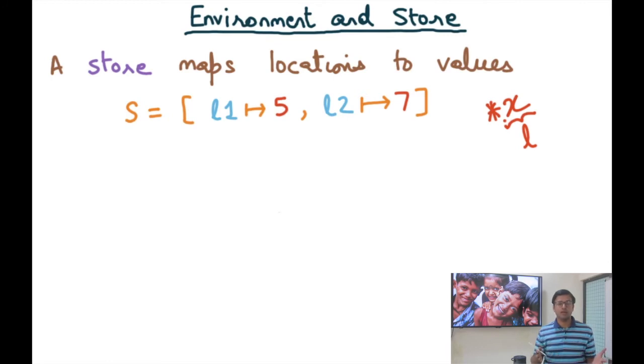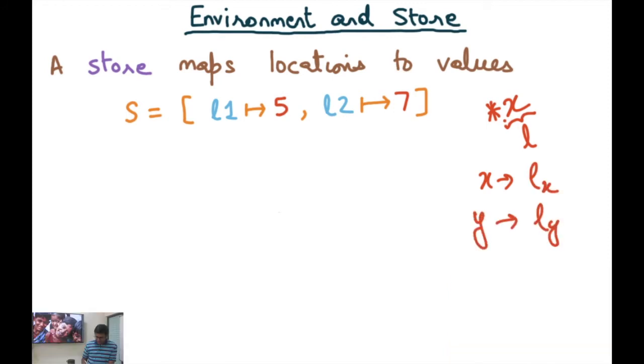The environment won't be able to capture something like that, but the combination of environment and store will. For example, if star x and y point to the same location, then in the environment, x would point to some location, let's say Lx, and y would point to some location, let's say Ly, and then the store would point Lx to Ly.